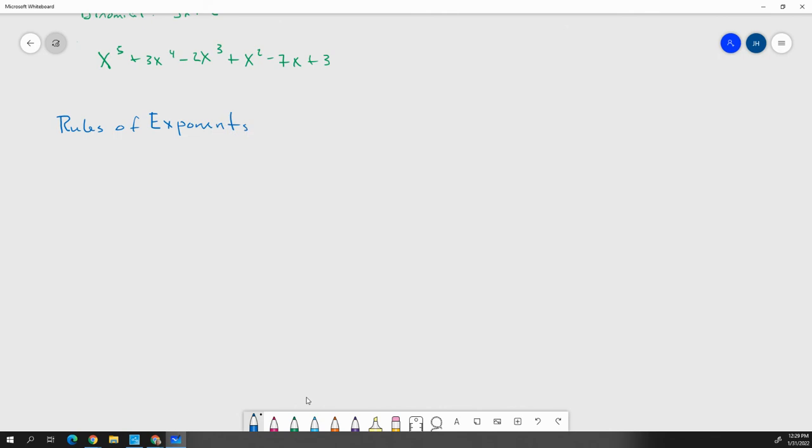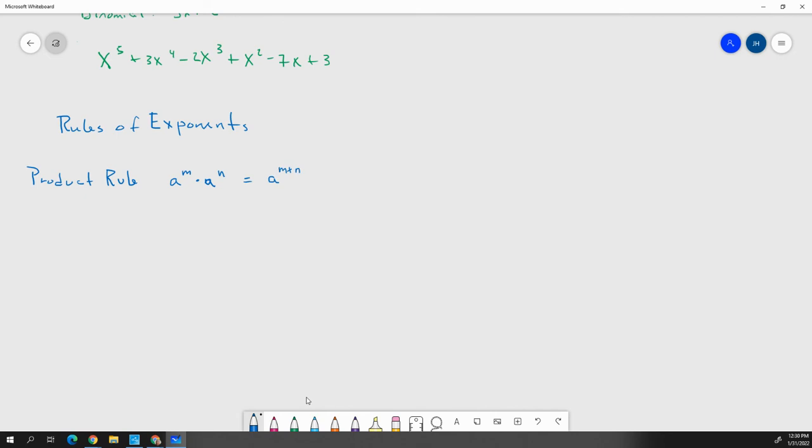So we're going to start with the product rule, which product in and of itself implies multiplication, and that is what we're talking about right now. The product rule says that if I have something of base A raised to the power of m, and I multiply it times something else of base A raised to the power of n, then we get A to the power of m plus n, right?